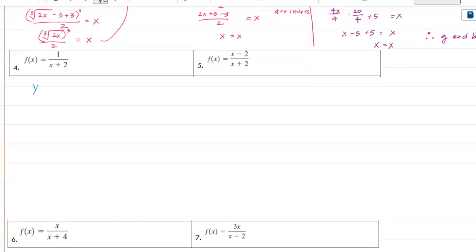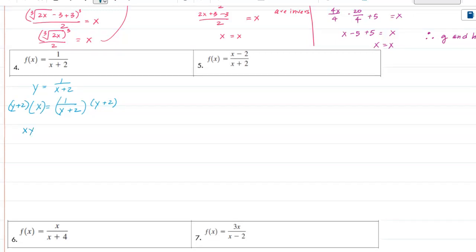So you have y equals 1 over x plus 2. You switch the x's and y's. And here, to get that y in the denominator out, I'm going to multiply both sides by the denominator. So let's distribute that x.